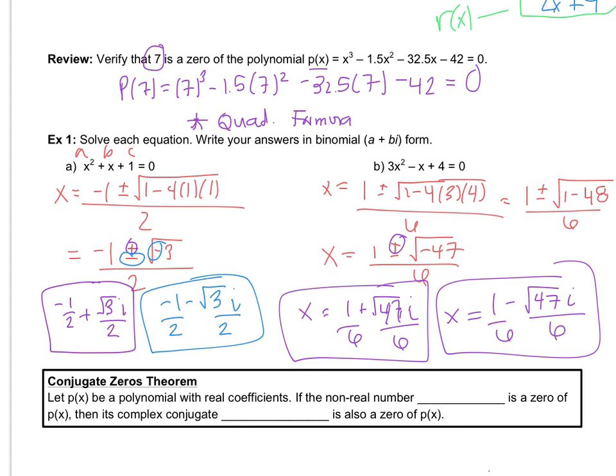But if you look at their zeros, they're almost identical, except the second zero is the complex conjugate of the first. Same with part B. We've got 1/6 plus root 47 i over 6 and 1/6 minus root 47 i over 6. So what happens is if you've got a polynomial with real coefficients and it's got a complex zero, then that zero's complex conjugate also must be a zero in order to form a polynomial with real coefficients.